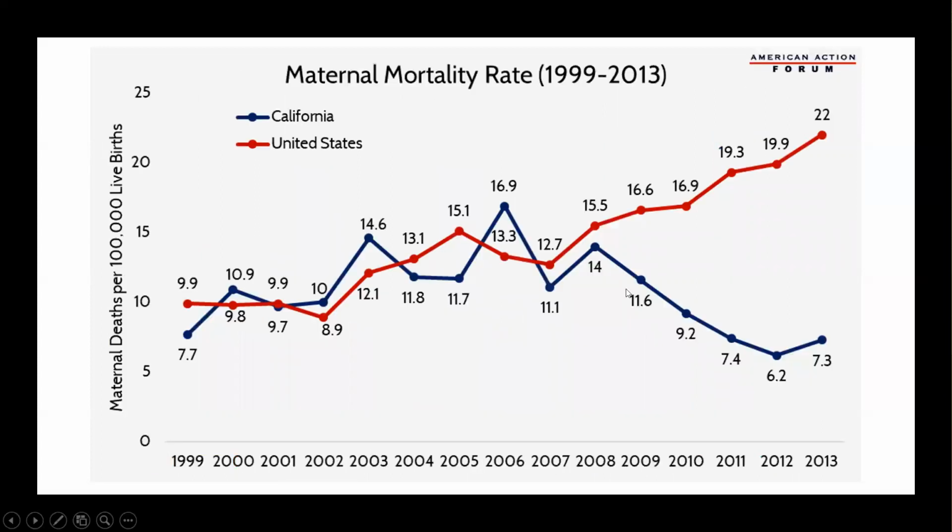And here's yet another statistic. Here's the California rate, and here's the United States rate. So the United States is again looking at maternal mortality, and we definitely see that we have a rise here. But look at the California rate, and a large portion of this decline in the last 20 years can be attributed to organizations like the CMQCC, which is the California Maternal Quality Care Collaborative.